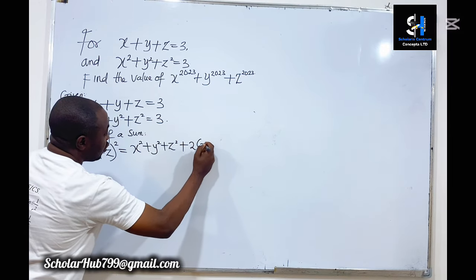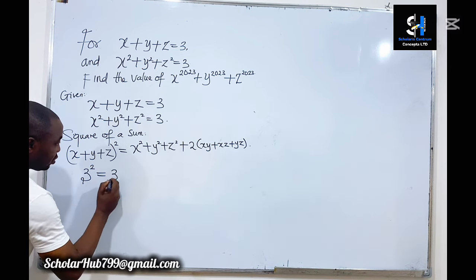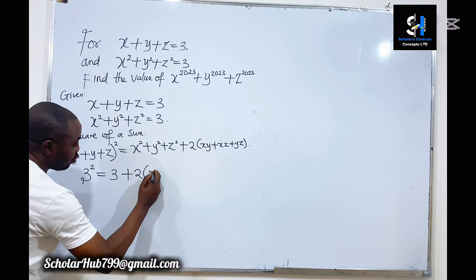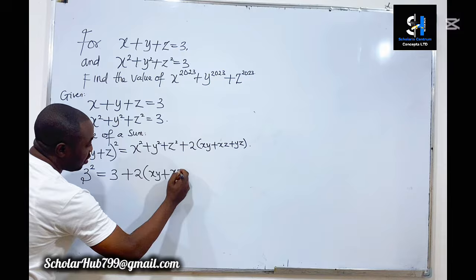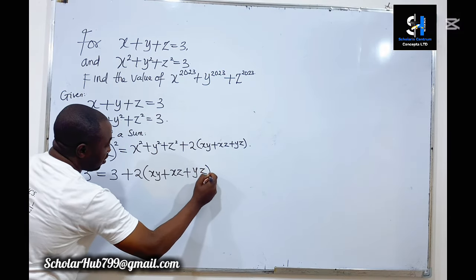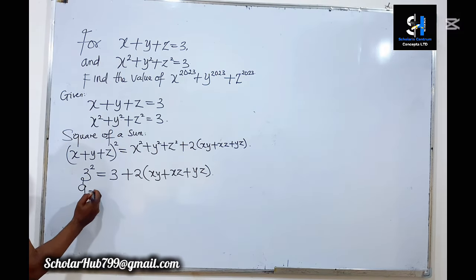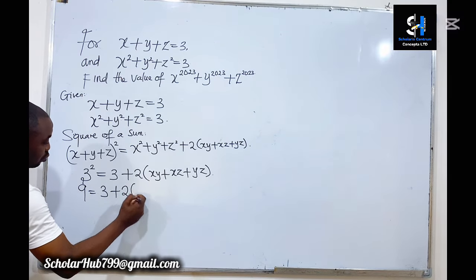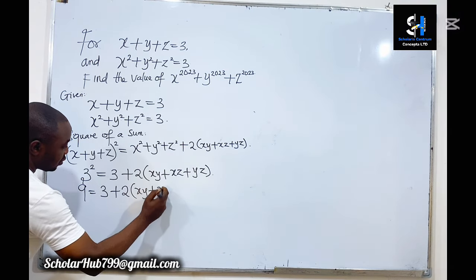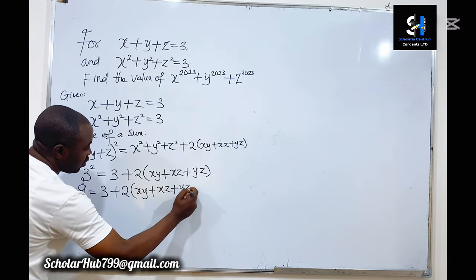So 3 squared equals x squared plus y squared plus z squared, which is 3, plus 2(xy plus xz plus yz). This is 9 equals 3 plus 2(xy plus xz plus yz).